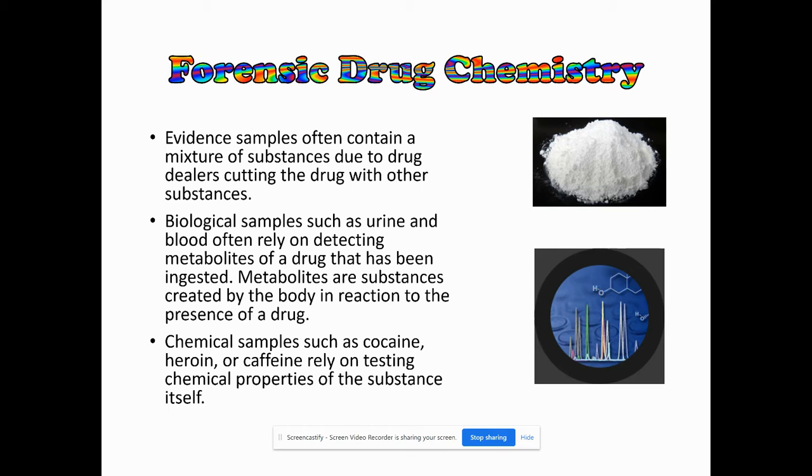Biological samples such as urine and blood often rely on detecting metabolites of a drug that has been ingested. Metabolites are substances created by the body in reaction to the presence of the drug. So it's what the drug had transformed into, or something that your body created only to get rid of this one molecule or one drug.